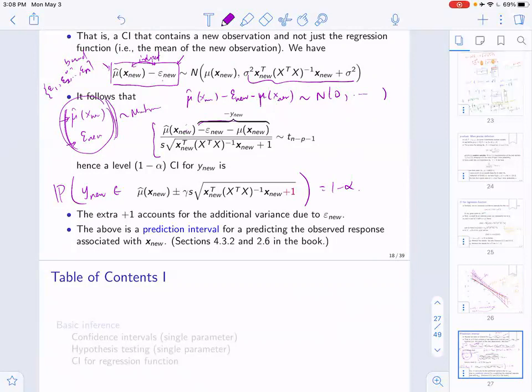Yes, then this is the standard error. So the denominator part, you can say this is this. Yes, this is the standard error of mu hat x nu minus epsilon nu, if you want. They don't usually call it that because this is not an estimator, but the concept is the same.